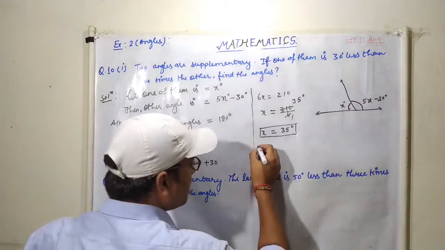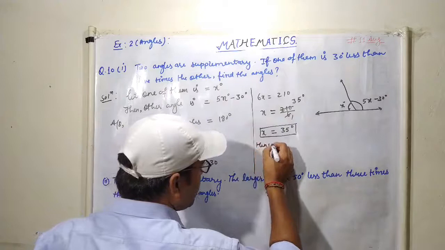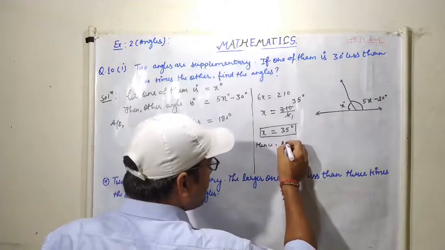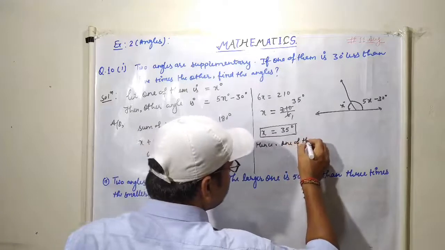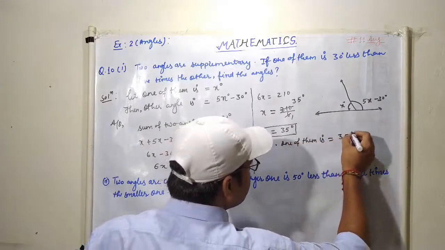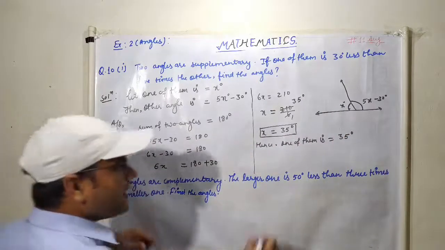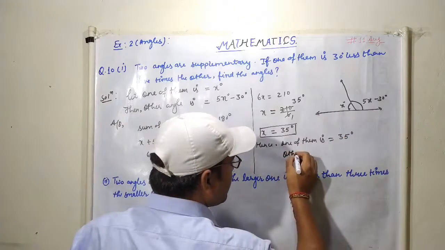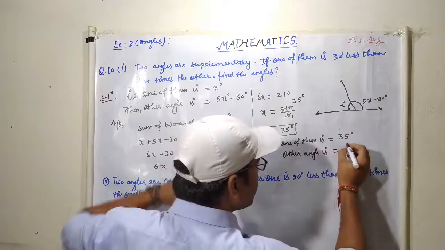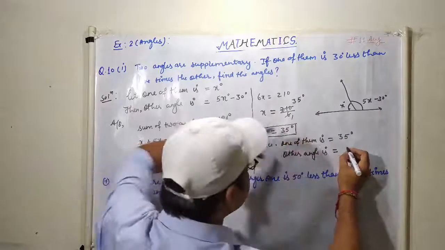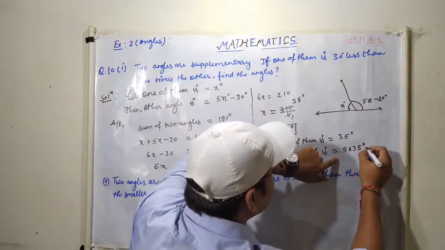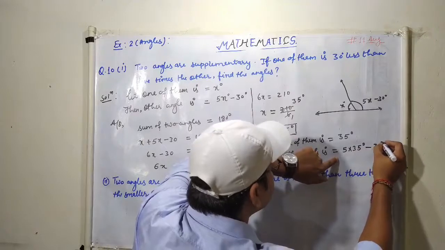Hence one of them is 35 degree, because we supposed this x, and the other angle is 5 times x. So x is 35, 5 is multiplied by 35 and minus 30 degree less.